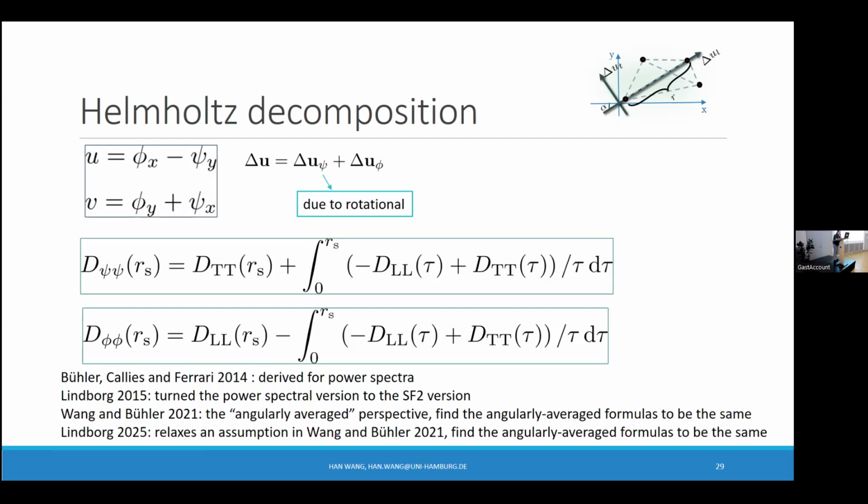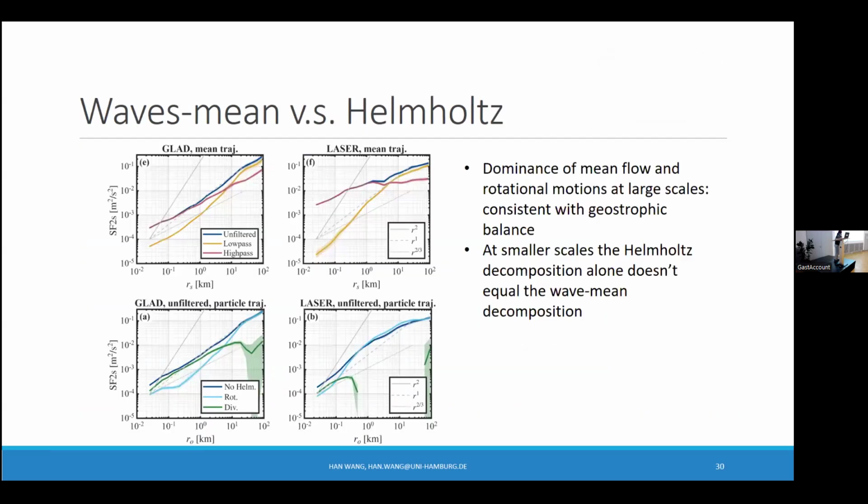So we apply the Helmholtz decomposition to the second-order structure functions. First, if we apply that to the unfiltered second-order structure function, which is in the second line, you can see that the rotational second-order structure function is dominating at large scales, but at smaller scales, there seems to be a disagreement between LASER and GLAD.